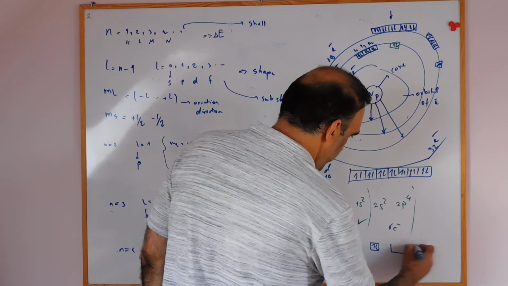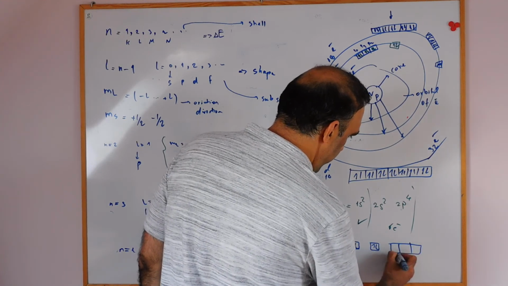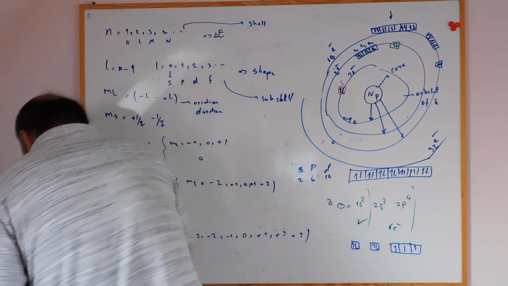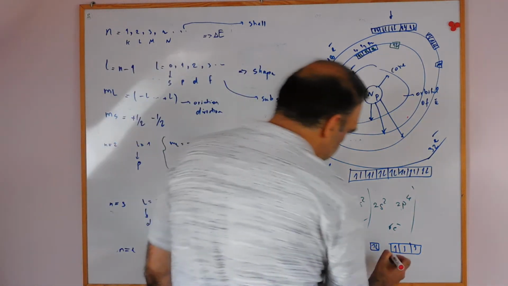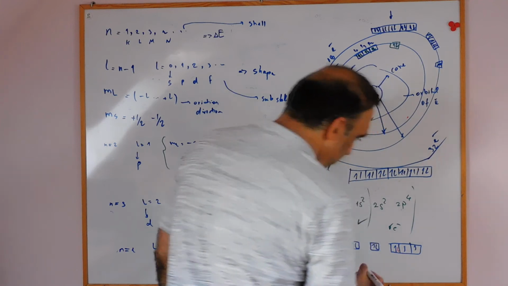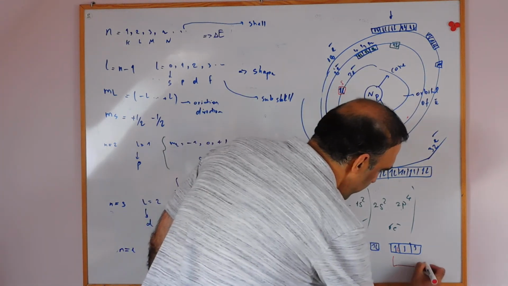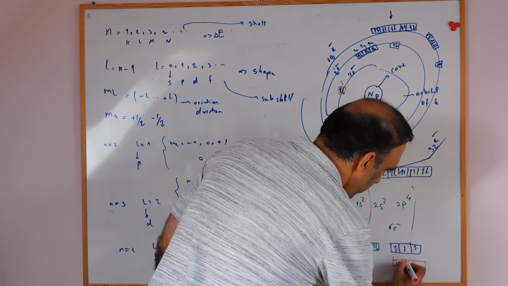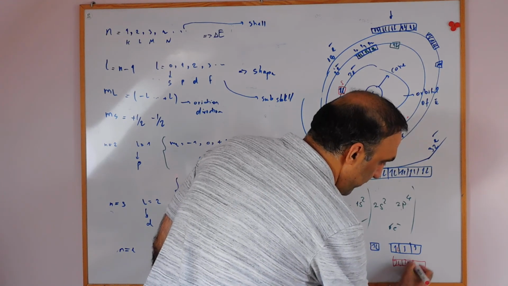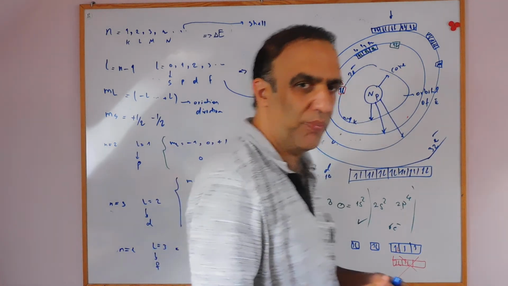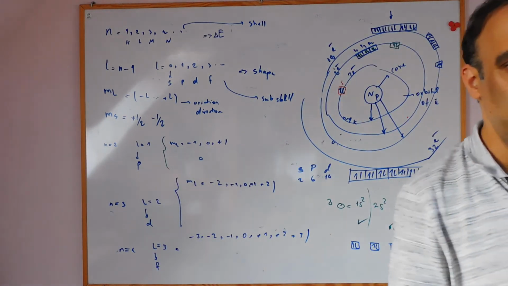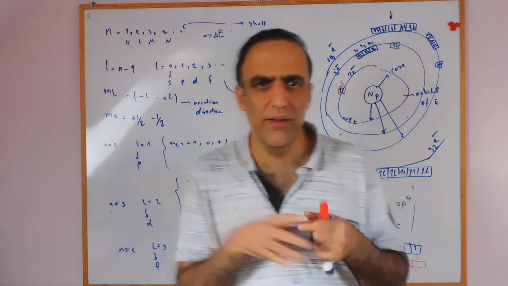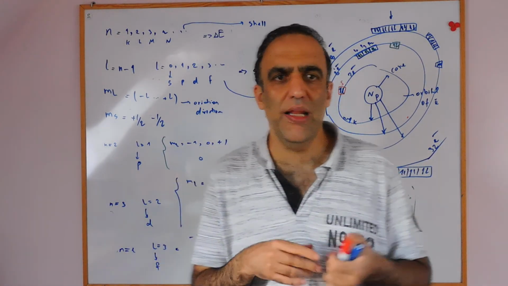But for the 2p4, first I have to fill 1, 2, 3, and Hund says the last electron can come here. But if I draw it like this, 2 in the first and then in the second, it is wrong. It's not acceptable by the Hund rule because of the level of energy. First, they must have the same spin, and then it can change.